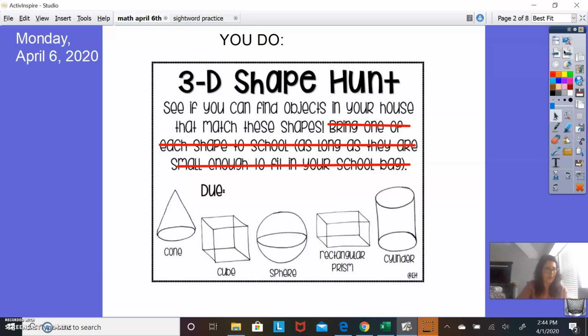I also talked to you about my dice as a cube, my cup or the toilet paper for our cylinder, and then I have my cone back here.